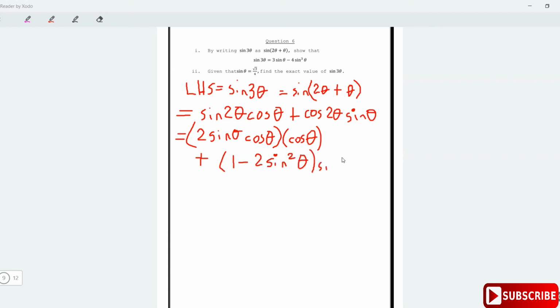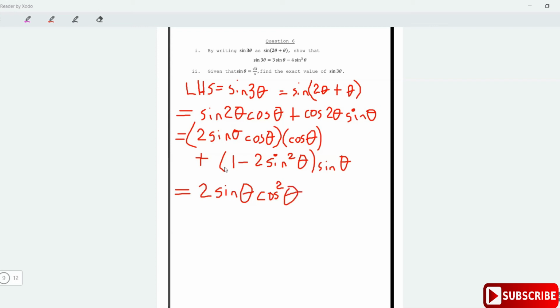So what is going to happen is this works out to be 2 sine theta cos theta times cos theta. The cos theta times the cos theta becomes cos squared theta. So we get 2 sine theta cos squared theta.